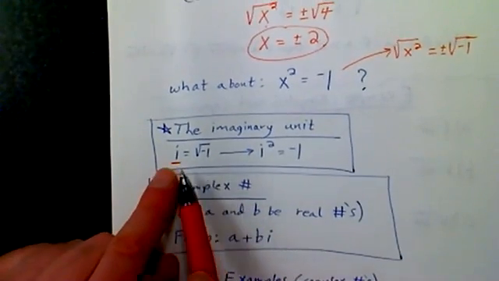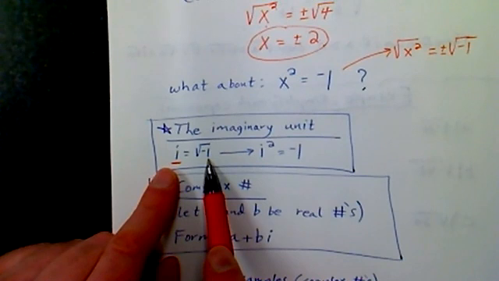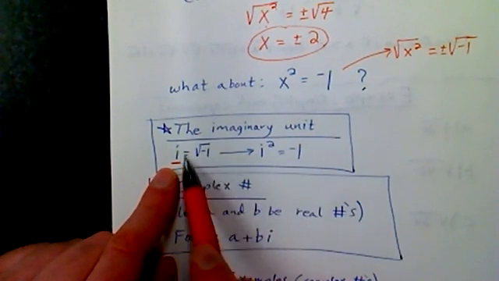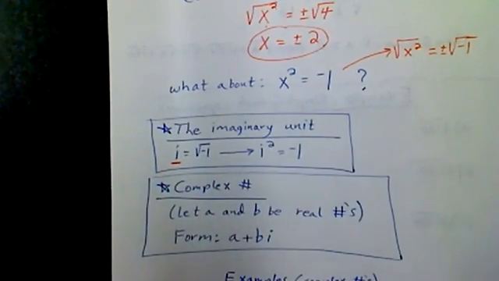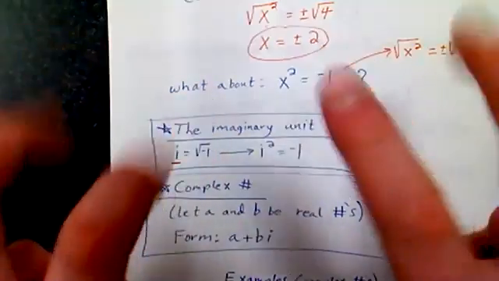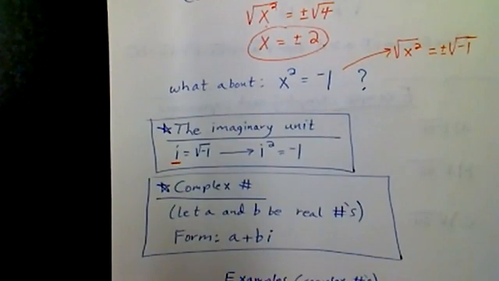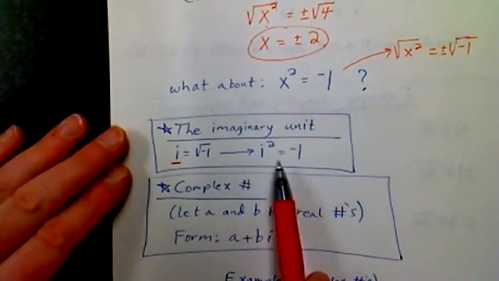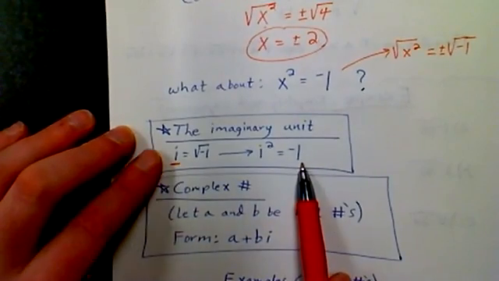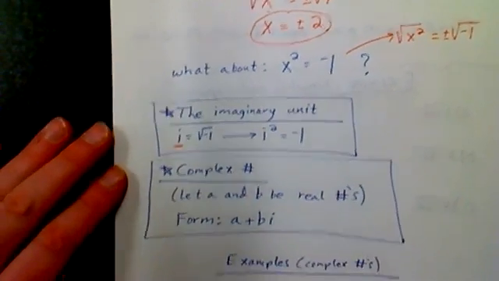If that's true, and you square both sides, then i squared would be negative 1, because the square and the square root sort of cancel each other. That's cool because if I square the imaginary unit, then I'm back to a real number.